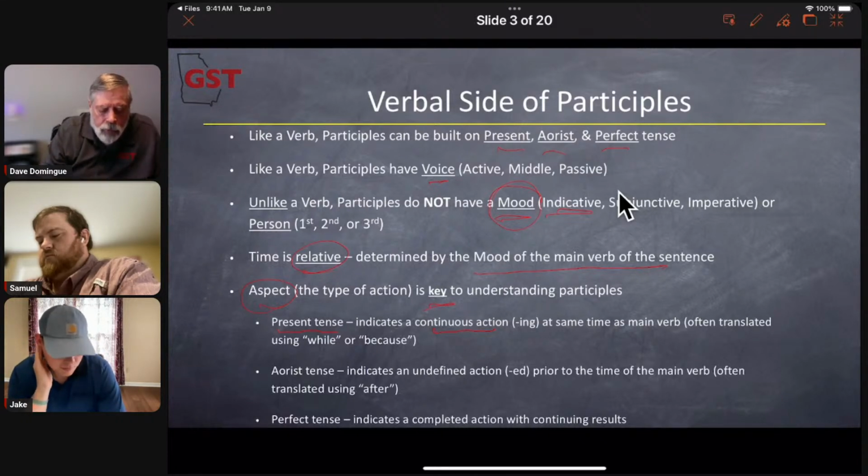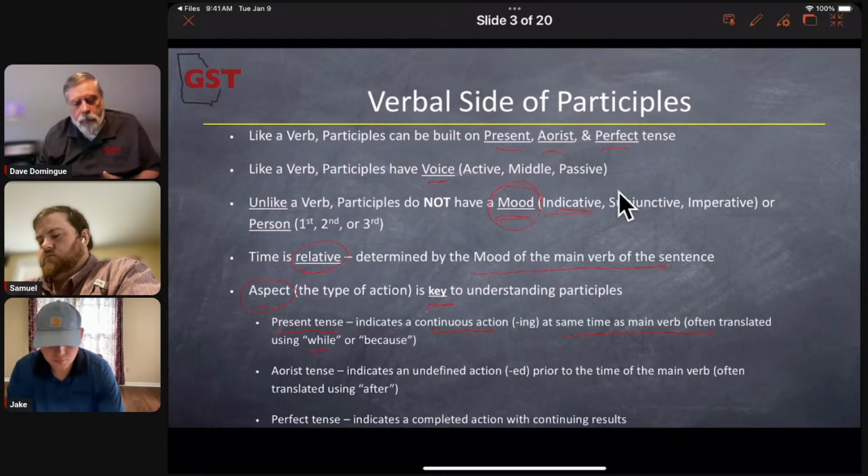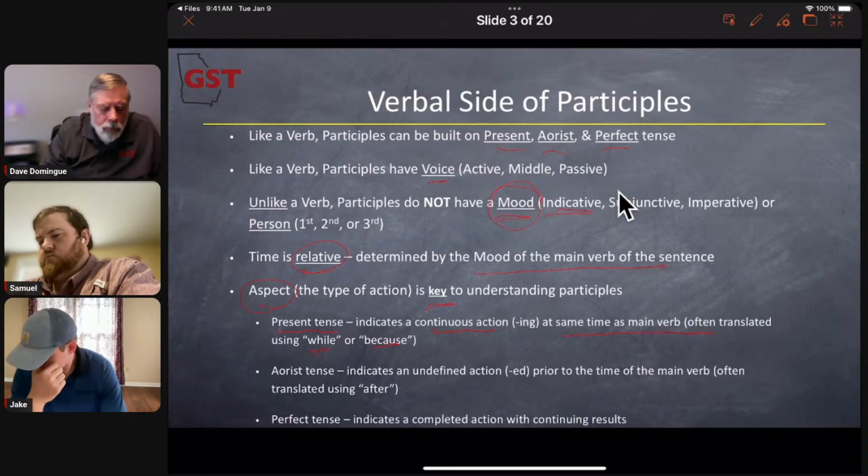It will then generally have a translation associated with the main verb at the same time: while this happened, then whatever, or causal: because this happened, whatever.